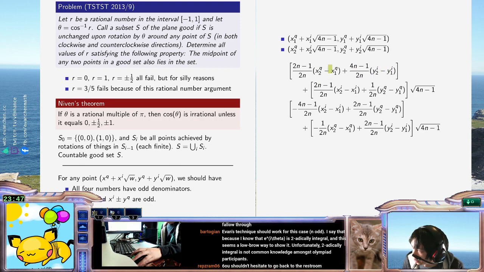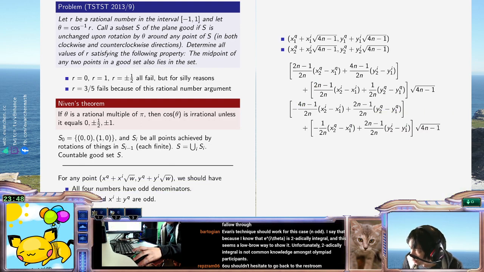So that's an odd number and then an odd number, so the 2 will cancel and we'll indeed get an odd denominator here. The same thing is true here: x_i, y_2q, x_1i, y_1q. Again, we don't care about these for the time being. So that proves the first part of the induction.